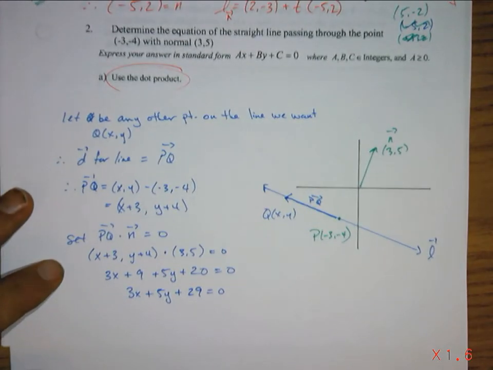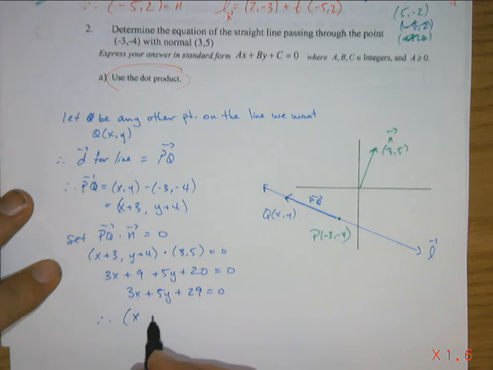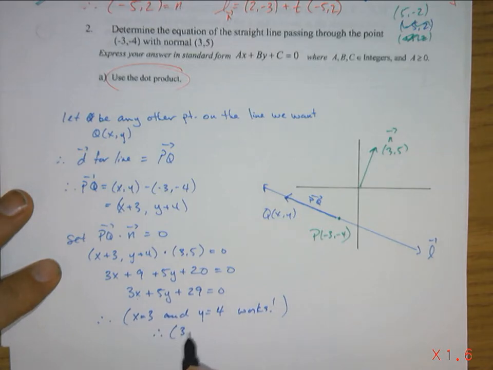So I'm going to choose, let's try x equals 3 and y equals 4. So 3, 4 will lie on our line.